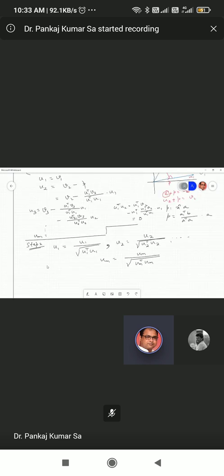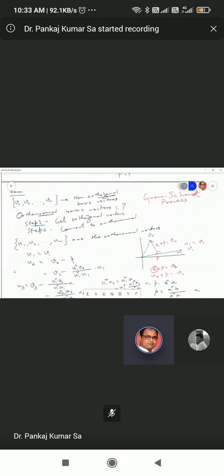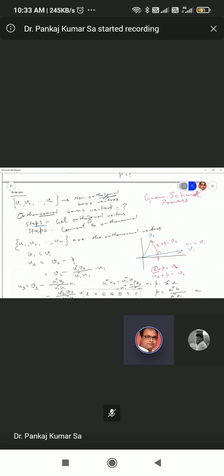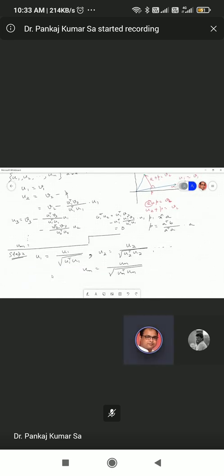So now you have the set of orthonormal vectors U1, U2 up to UN obtained from a set of non-orthogonal basis vectors V1, V2, Vn. What is important to be noted here?